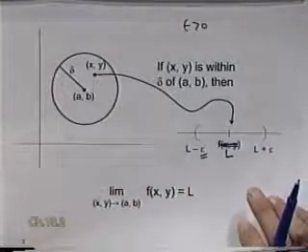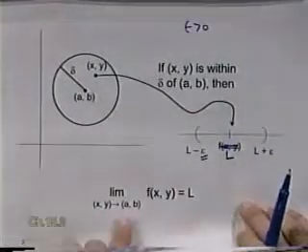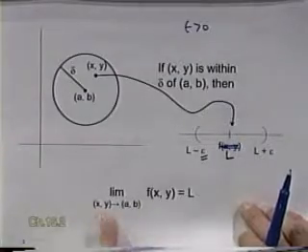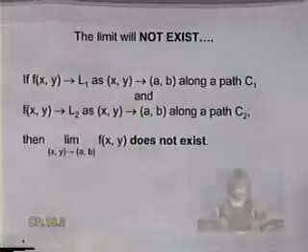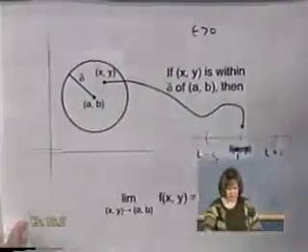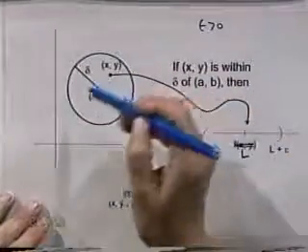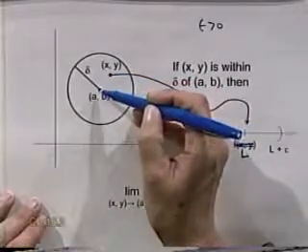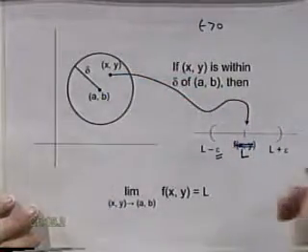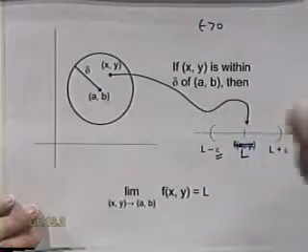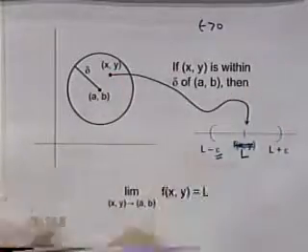And we're going to talk about how to evaluate this limit when you have 2 variables, 3 variables, 4 variables. What do you do? First of all, I want you to notice something though. Since we're saying as our (x, y)'s get closer and closer to (a, b), notice when you took Calc 1, x got closer and closer to your a as you came in from the left and from the right.